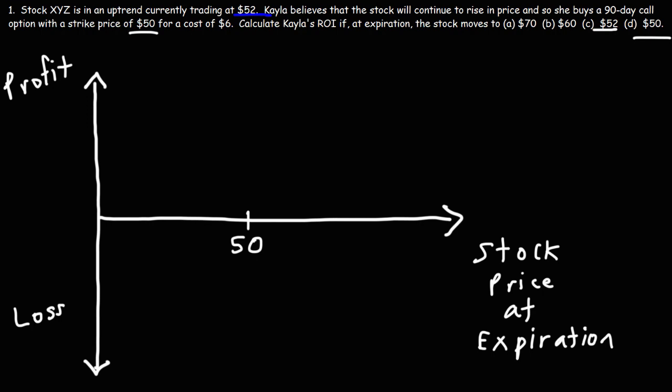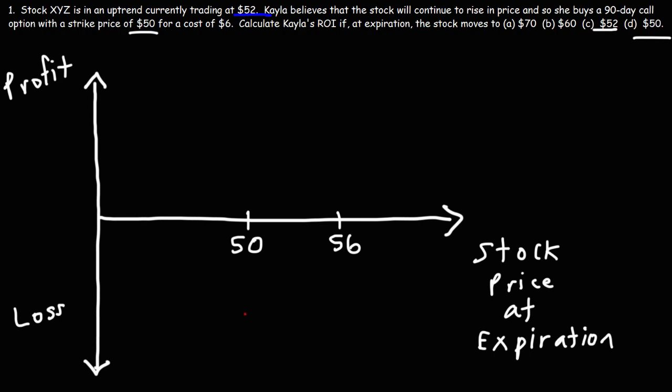Next, you want to plot the break-even point. The break-even point is the sum of the strike price and the cost of the call option. So that's going to be $56. So in order for her to break even, the stock has to close at 56 at expiration. If it closes above 56, the trade is profitable. If it closes anywhere below 56, it's not profitable.